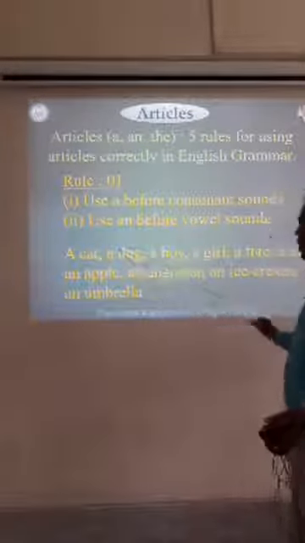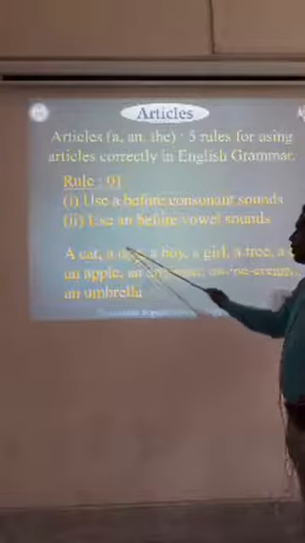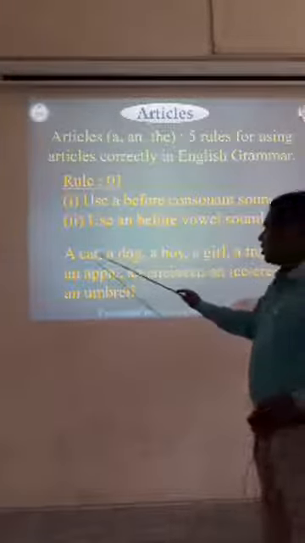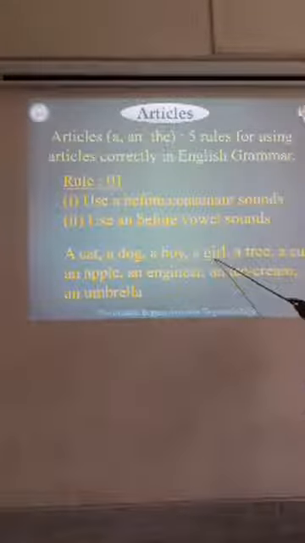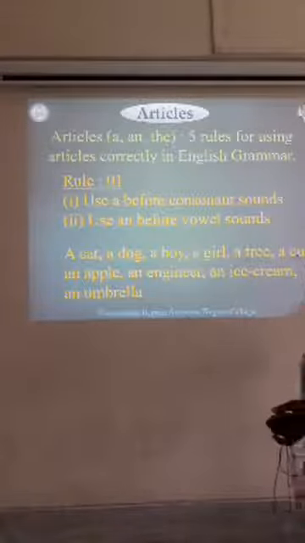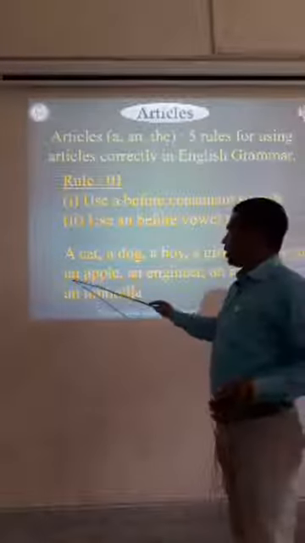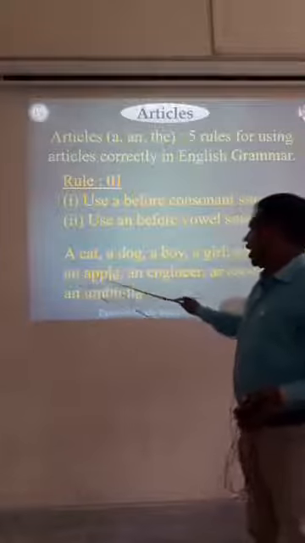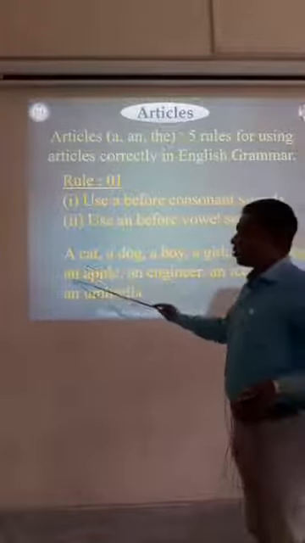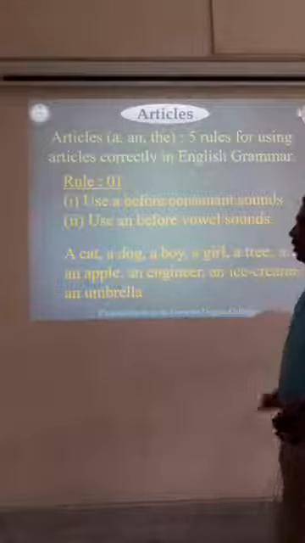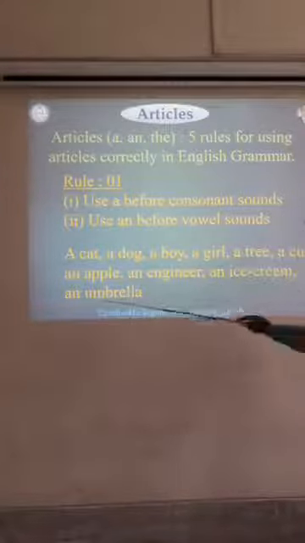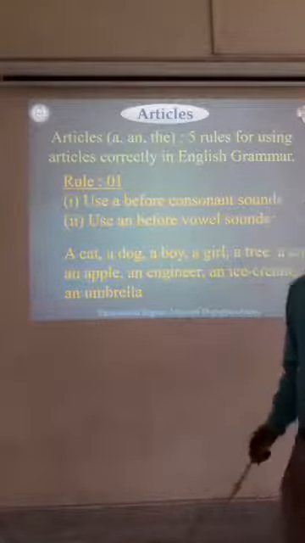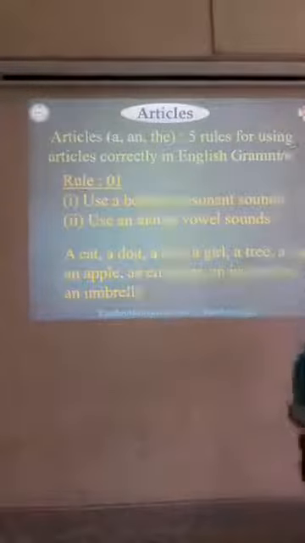If you utter the word in the previous part, you will get a consonant sound: boy, ba, girl, ga, tree, tra, cup, ka. An apple, there is a vowel sound: an apple, an engineer, an ice cream, an umbrella.